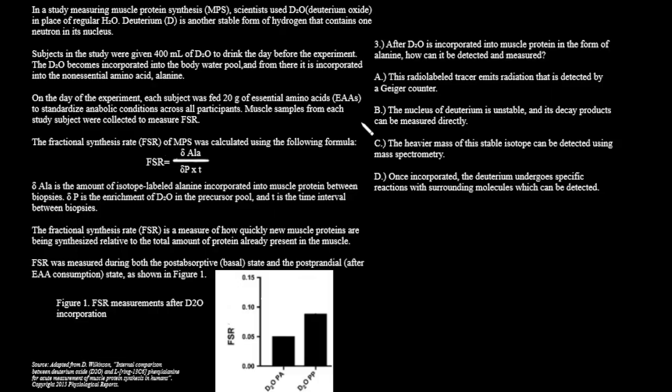Answer choice C says the heavier mass of this stable isotope can be detected using mass spectrometry. Answer choice D says once incorporated, the deuterium undergoes specific reactions with surrounding molecules which can be detected.